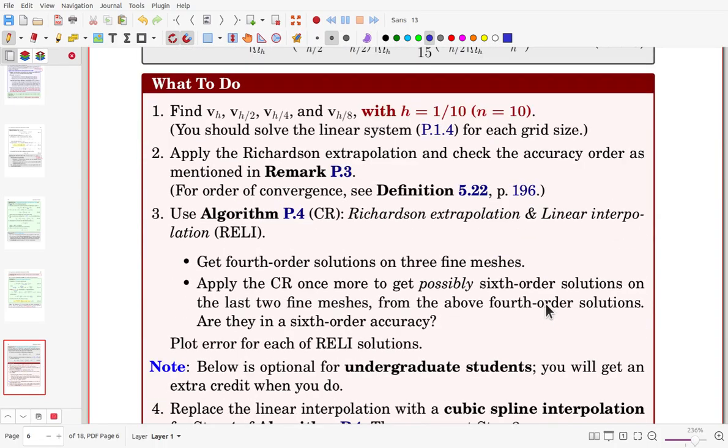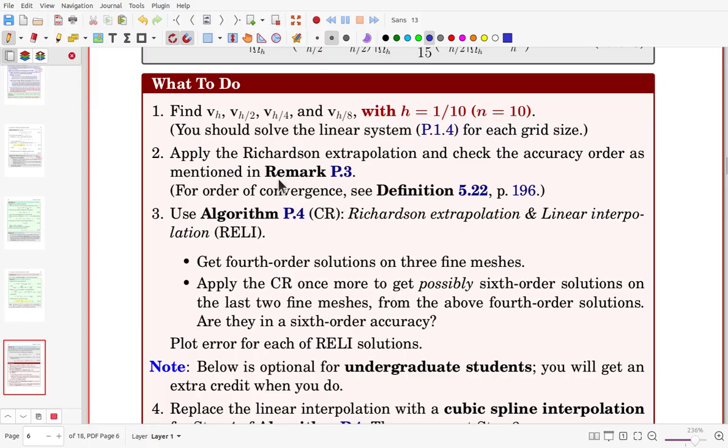Here is what to do. Number 1, find 4 different solutions on different meshes. Start with h equal to 1 over 10. So the number of grid points from 0 to 1 is 10, then 20, again 40, and 80.